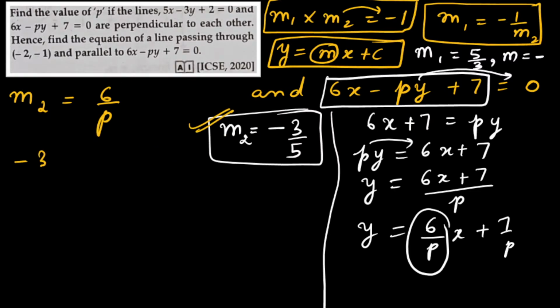This is minus 3 by 5. So let us substitute the value of M2 as minus 3 by 5 and equate it with 6 by P.